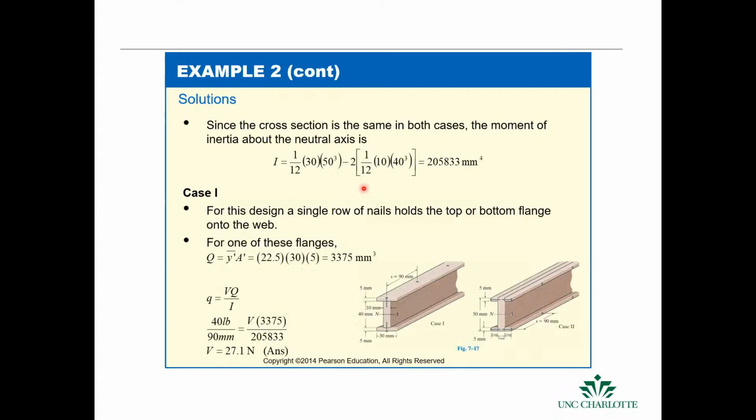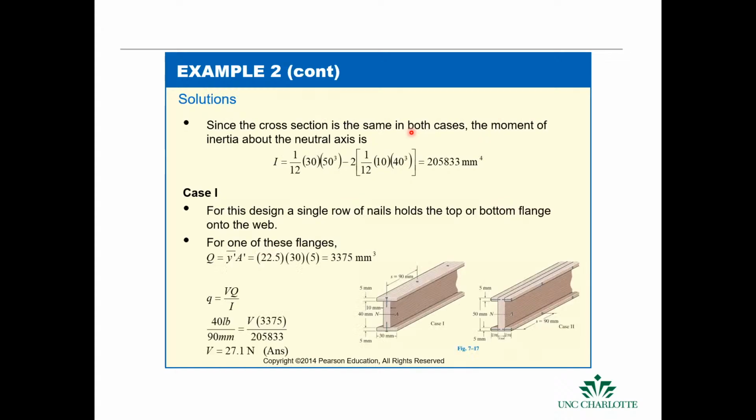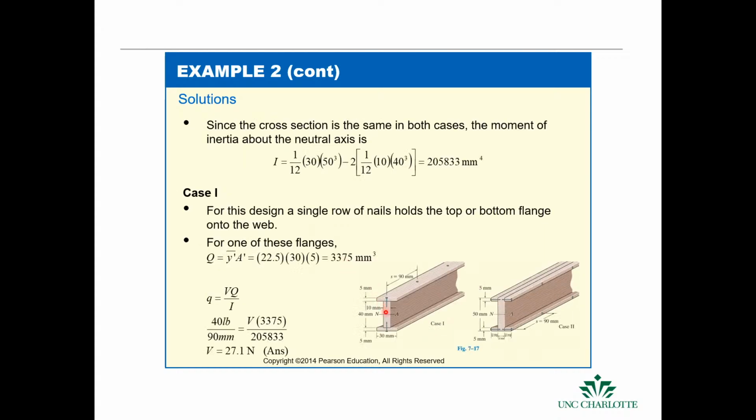So then these two cases are compared. In case A, case 1 here, we have a shear of 27 newtons. I think it said that the nails can take 40 newtons, so we're good. And in the second case, we have a shear flow of 83 newtons. In the first case, we're using the distance to the center here, and then we're using this area above the nail for that shear flow calculation for Q. The Y hat, this is 40, this is 5.